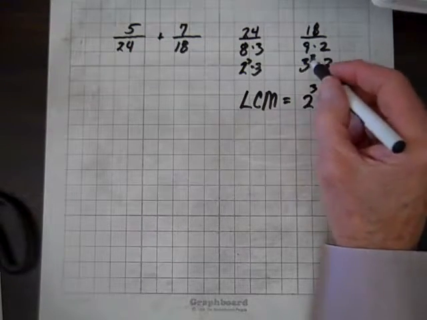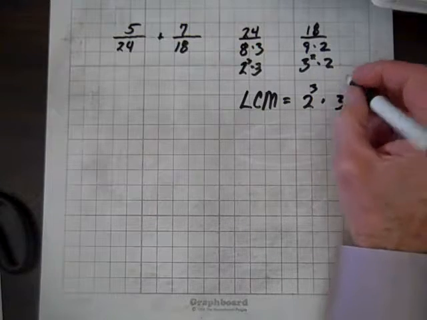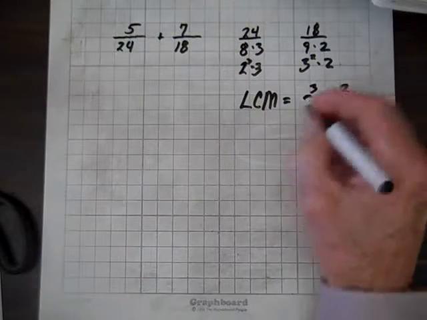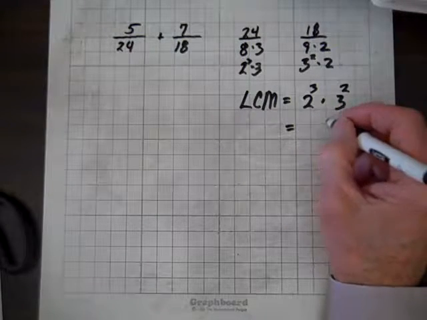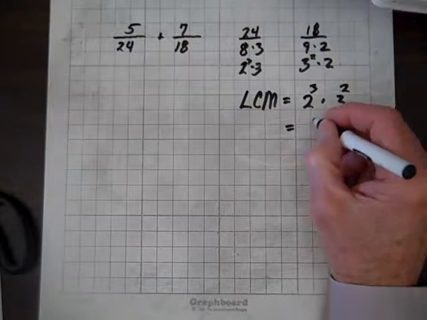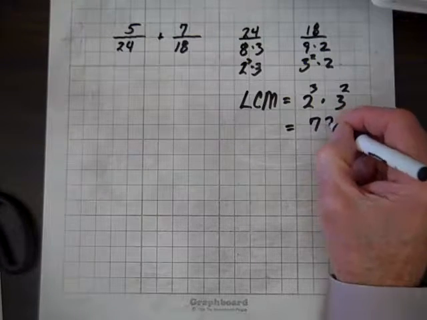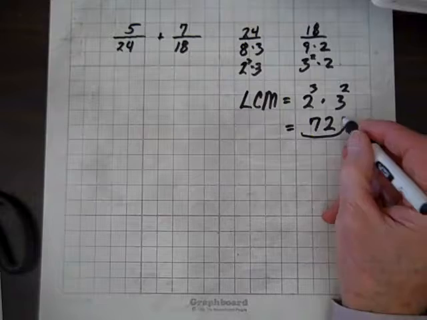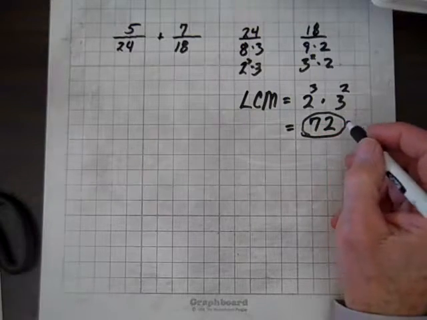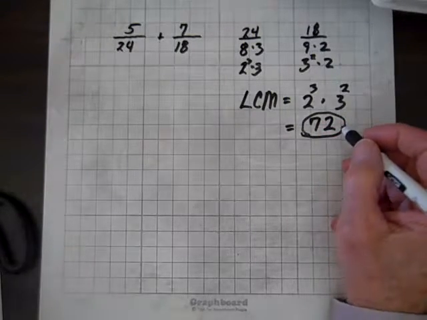What's the largest exponent that occurs on 3? It's a 2, so we'll put a 2 there. And that's going to be 8 times 9, which is 72. So the least common multiple, or the least common denominator of these two numbers, is 72.